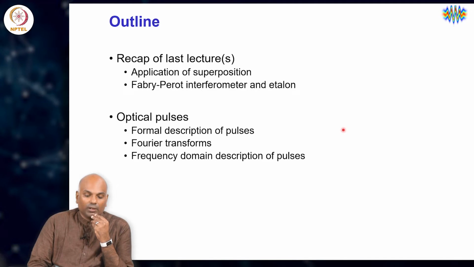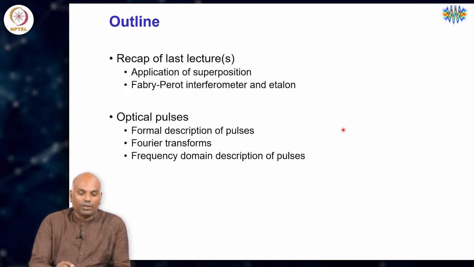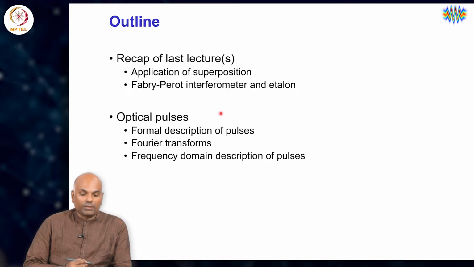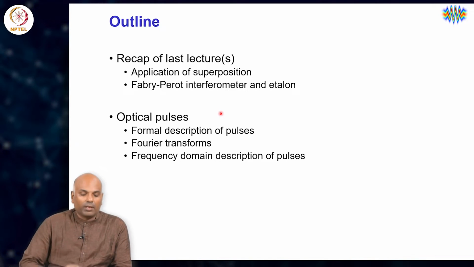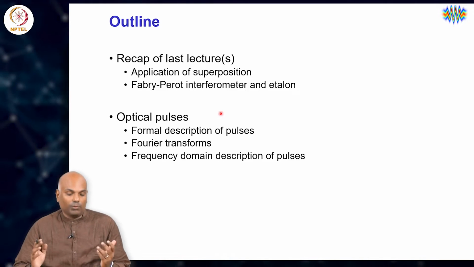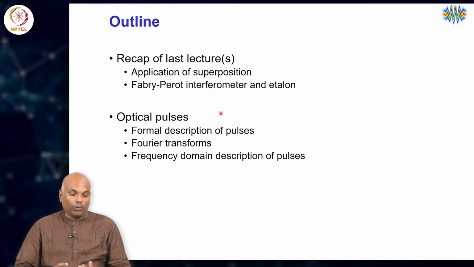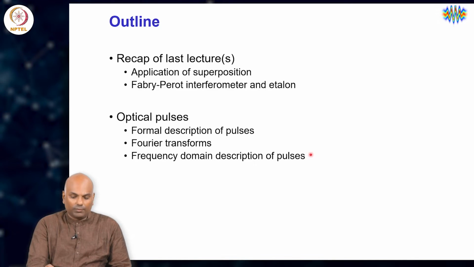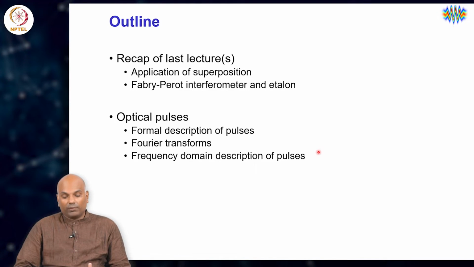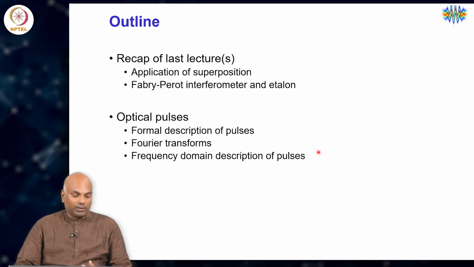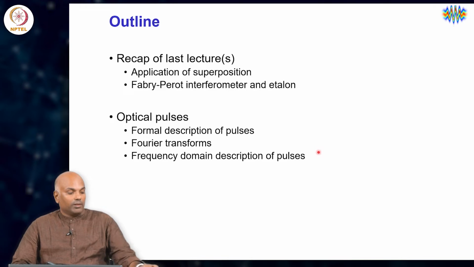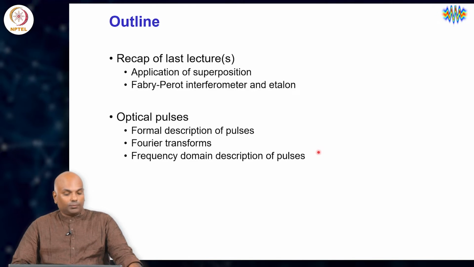Apart from that, we will gradually transition into optical pulses, how to formally describe them, and in this I embedded a few view graphs of Fourier transforms, mostly their properties, which will serve as a toolkit for a major part of this course, and also close with frequency domain description of pulses. It is possible that some of this content could get carried over to the next class too.